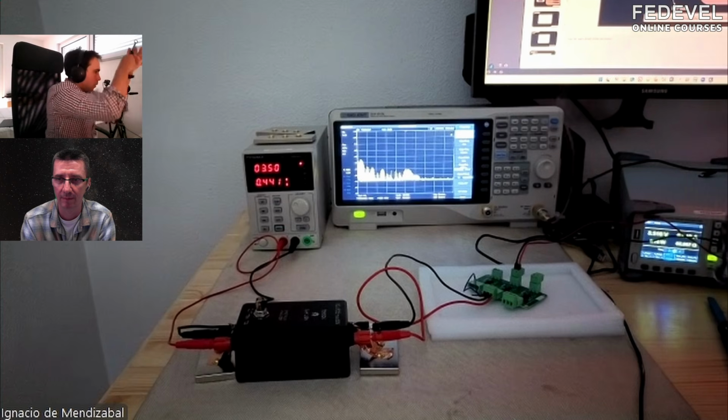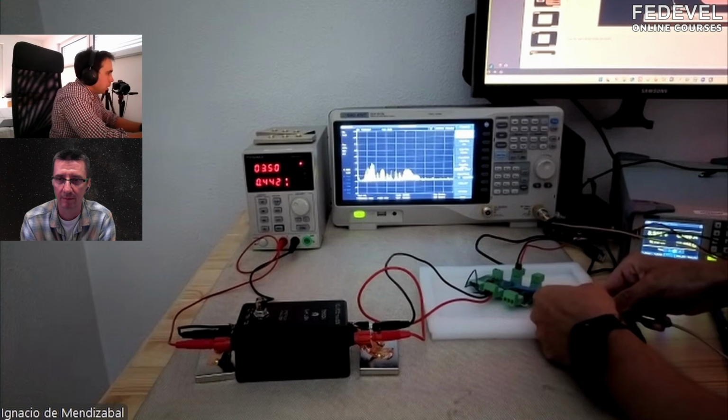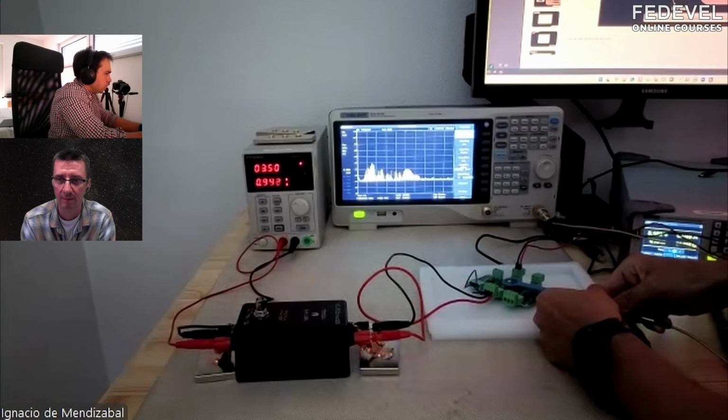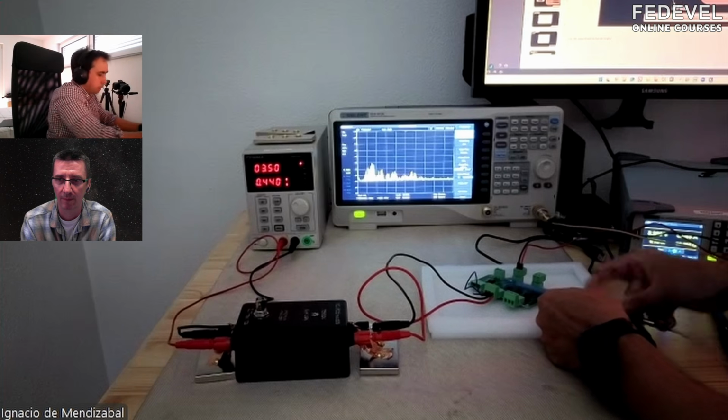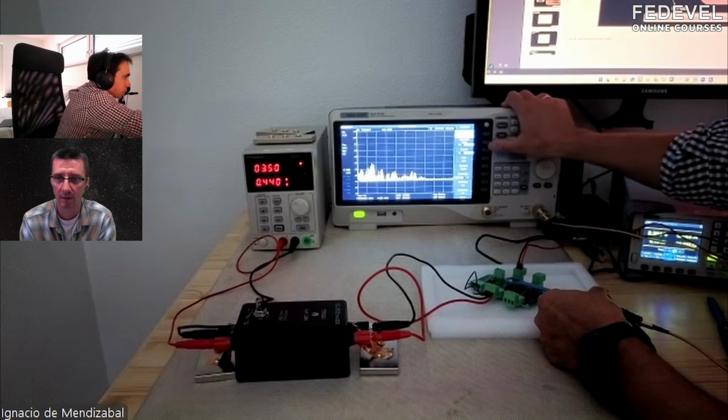So what we are seeing here, for example, is that the amplitude goes up to, let's say, 64. Imagine you can make it bigger, because I guess the other one will be smaller. Yeah, indeed.